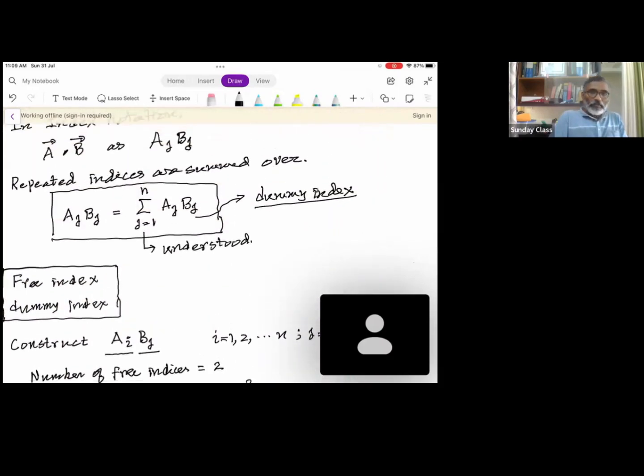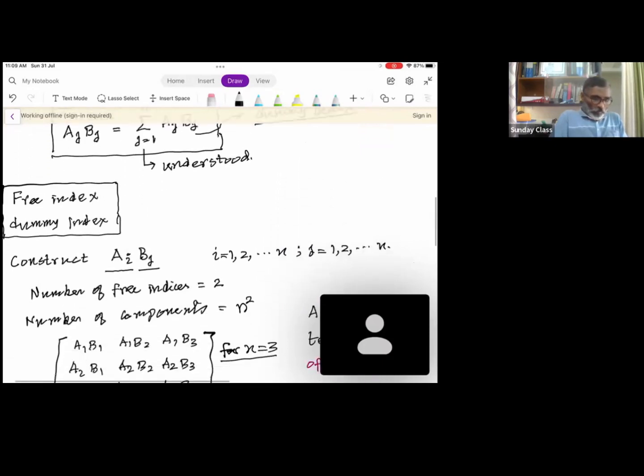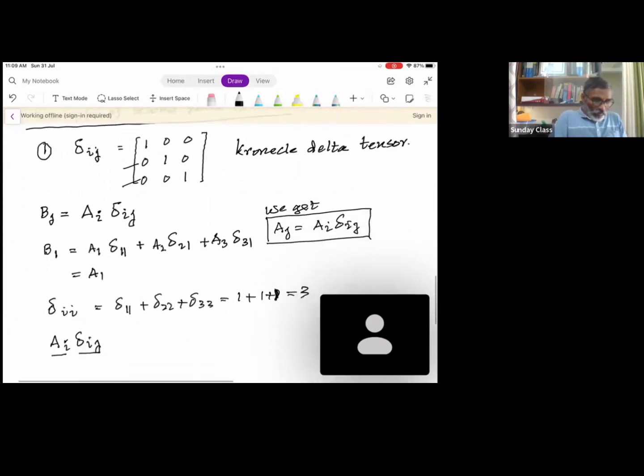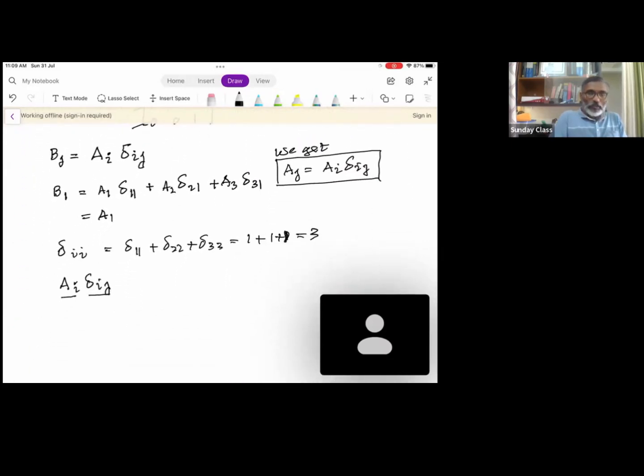AJ, BJ, correct? The index is for different symbols, but still if it is repeated, then it will be summed over. In the same way, here AI delta Ij, the I belongs to different symbols, but it can be summed over. So whenever the same index is there, you should sum it over.